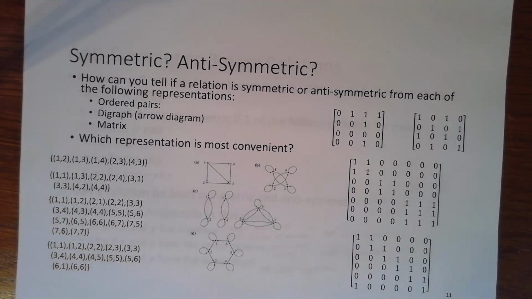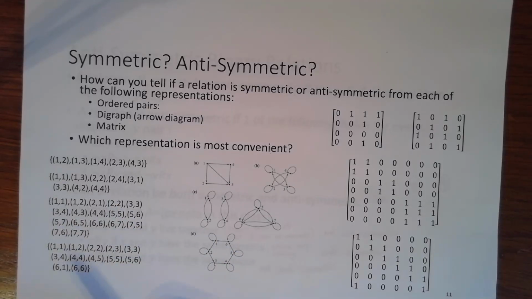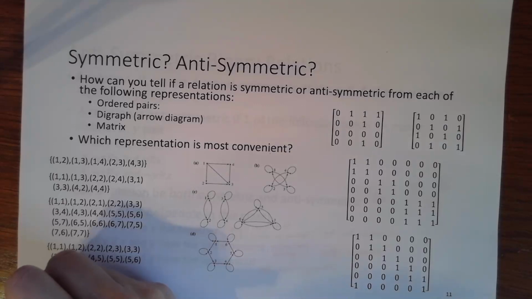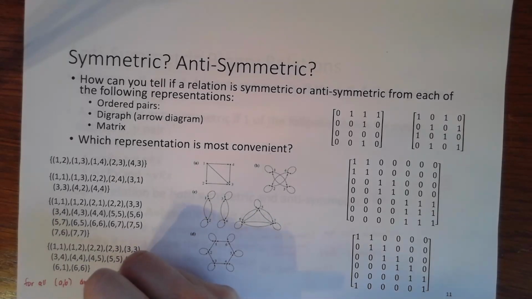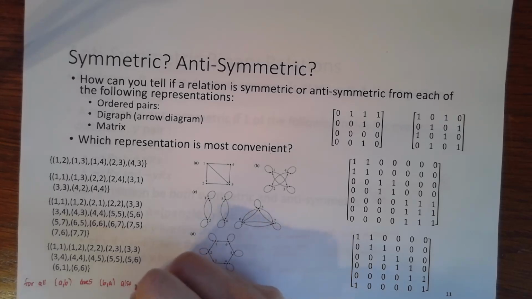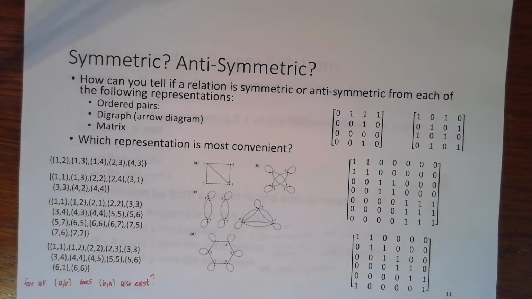So for symmetric, in the ordered pairs, for all pairs A, B, we'd have to ask ourselves, does BA also exist? And go through every single pair and just check them off.